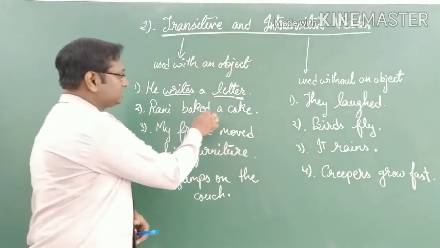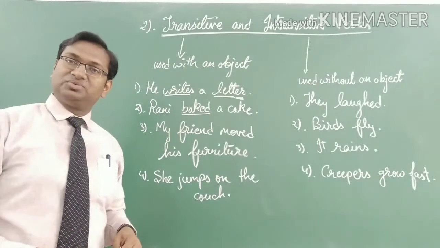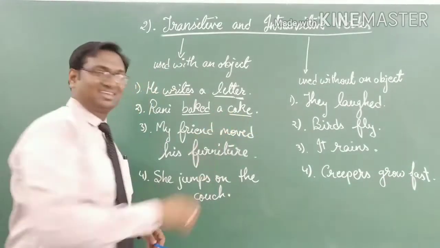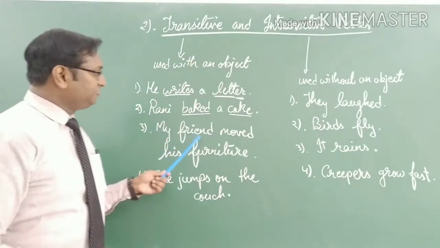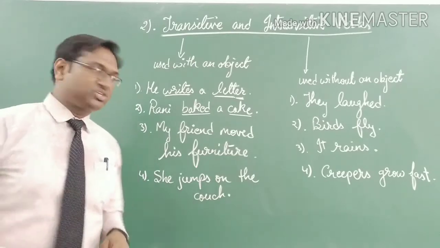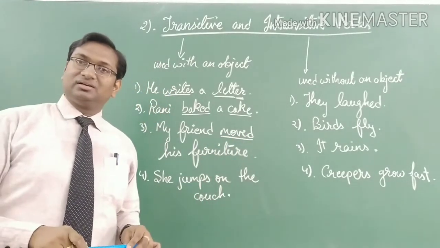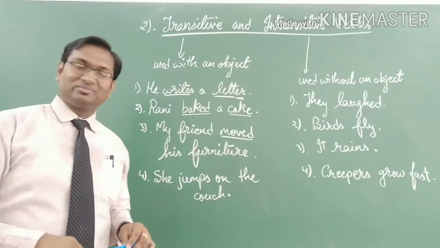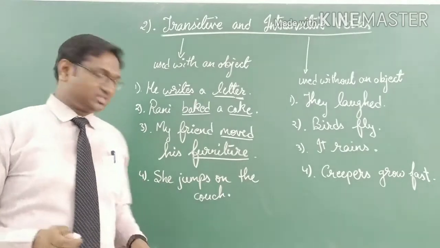Action is bake, and what is the object? Cake is the object. Next, my friend moved his furniture. Now over here action is moved, and what is moved over here? Furniture. So furniture is your object.